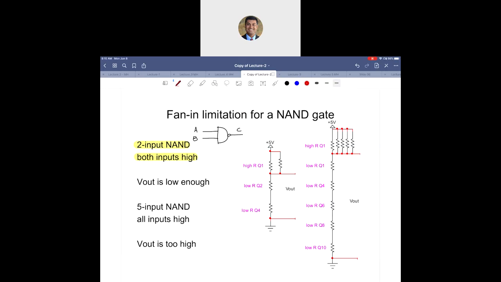If you look back in your notes, you will see that we have built a NAND gate using two NMOS transistors in series in the pull-down network, and we had two PMOS transistors in parallel as the pull-up network.